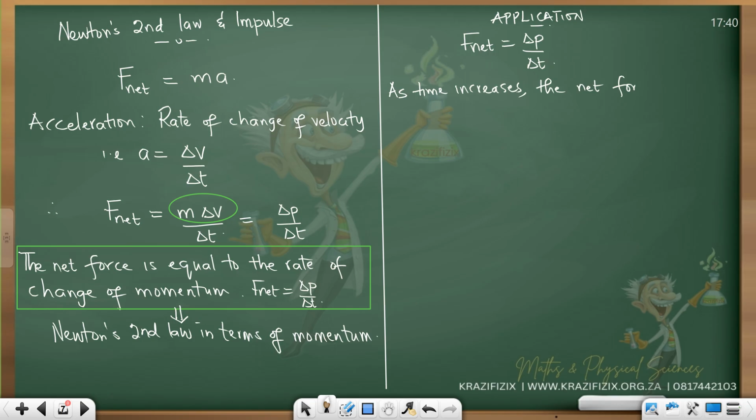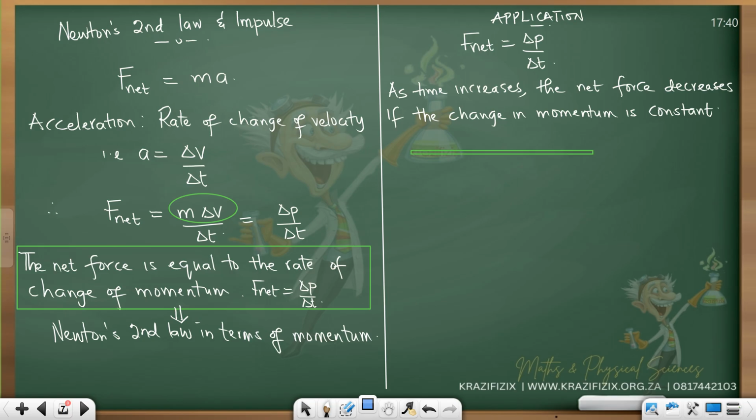As time increases, the net force decreases if the change in momentum is constant. I want to explain what I just wrote here.